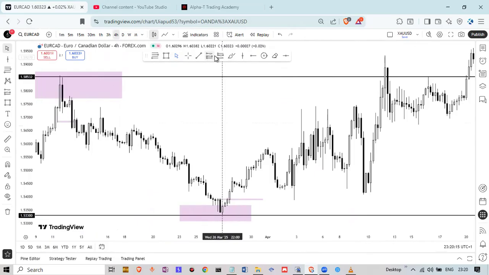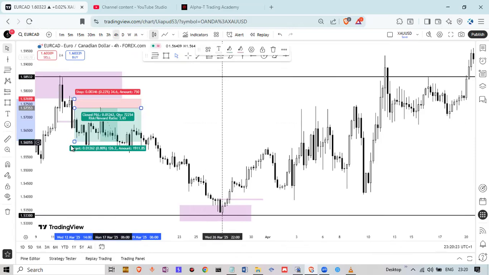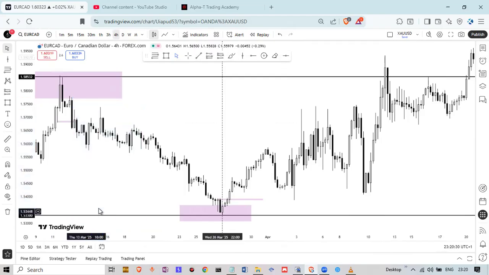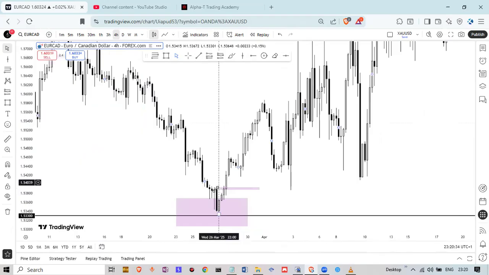Let's do something. Okay, so down here, that will be one. When you see these breakouts here, it's time to exit your trade.